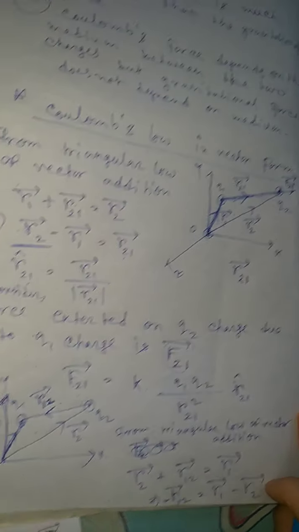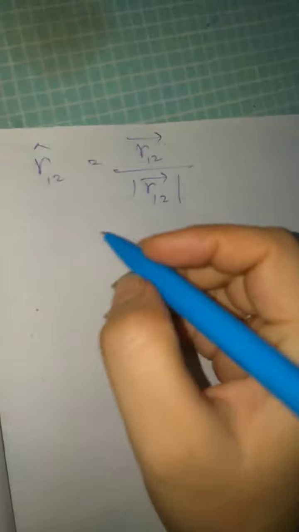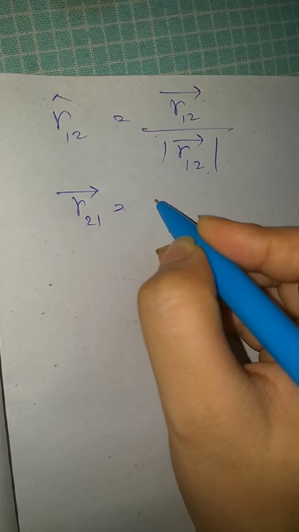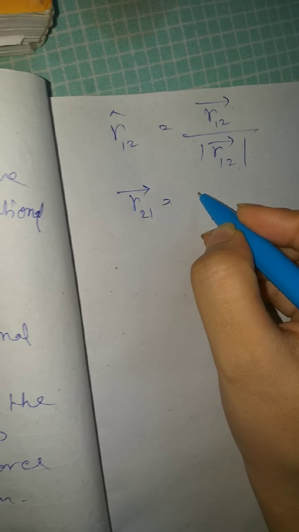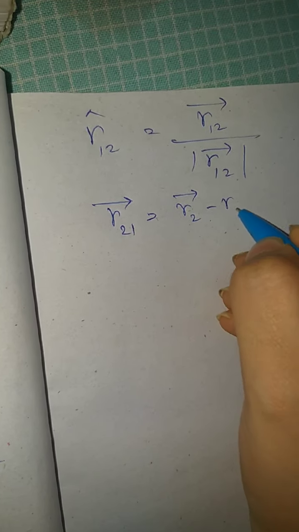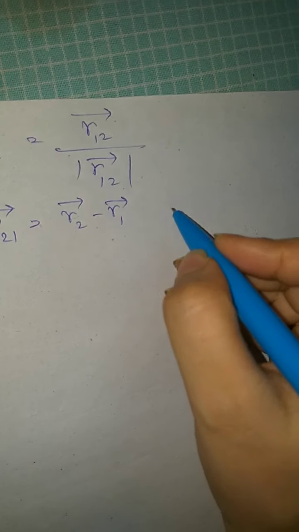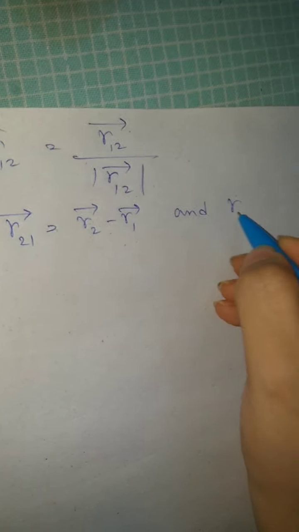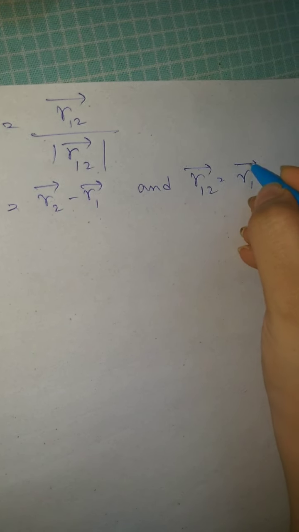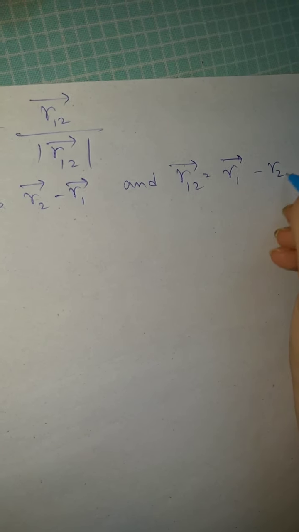That means we get R21 vector equals R2 vector minus R1 vector, and R12 vector equals R1 vector minus R2 vector.